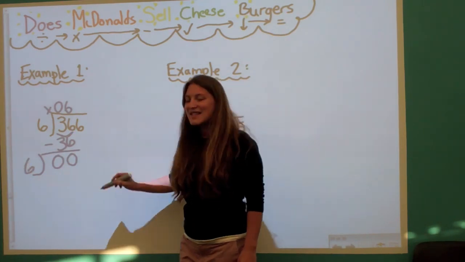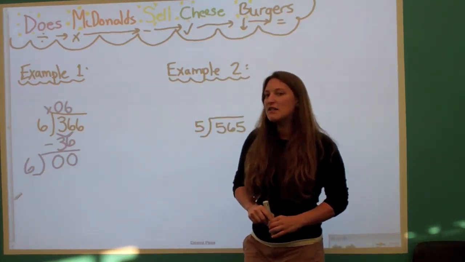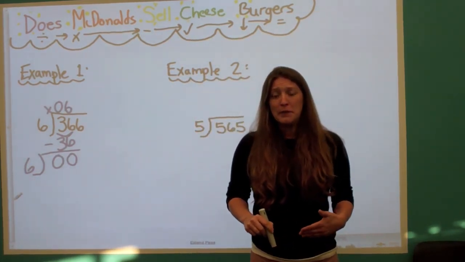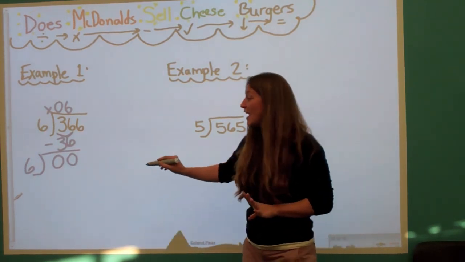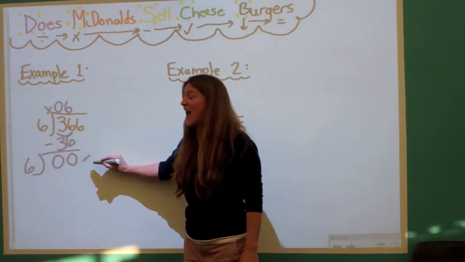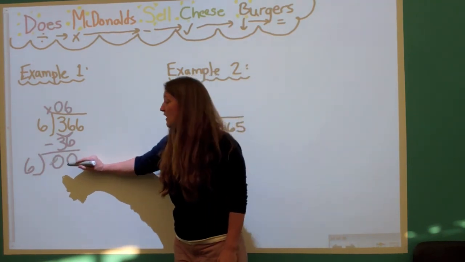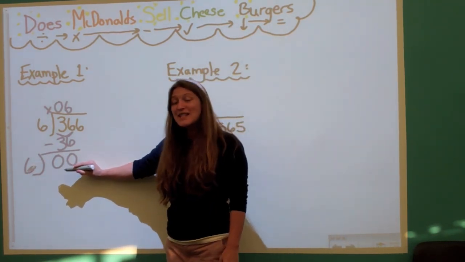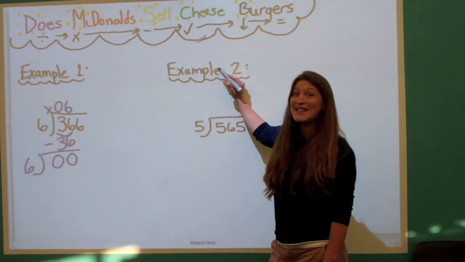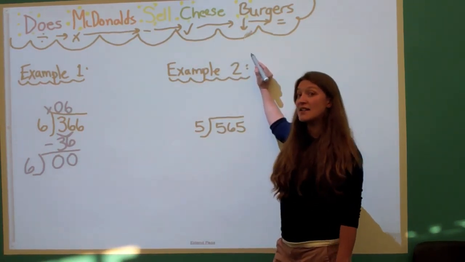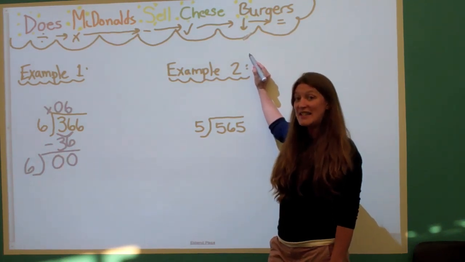So I check to see if I can divide 0 by 6. And I can't. Remember, I said that the dividend has to be larger than the divisor. So since I checked to see if I could, and it's not, I jump to my last step, and my last step is to bring down.